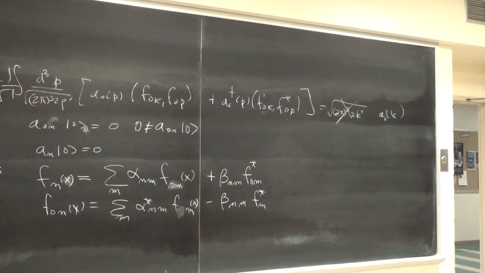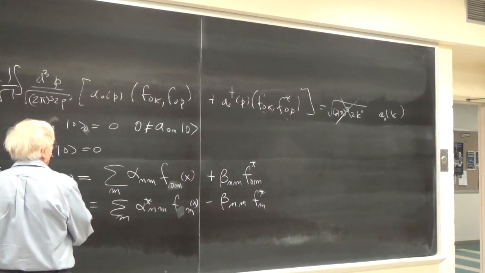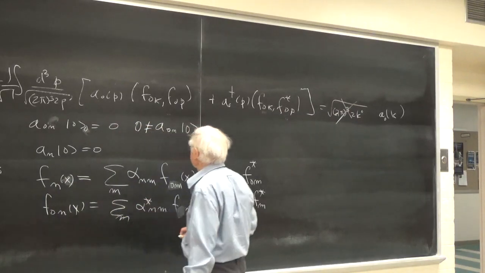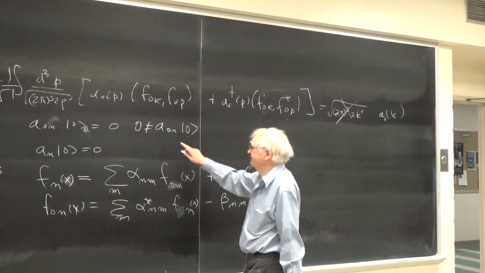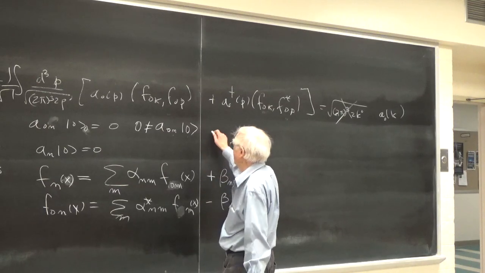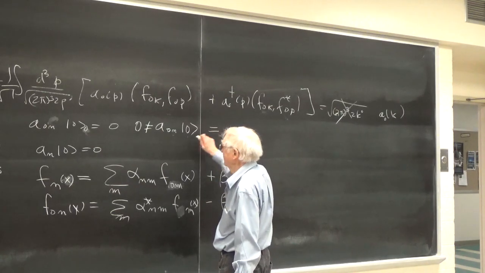And so what we want to look at then is this equation. The way we can do that is get a formula for A0n. Well, we have our formula for A0n.